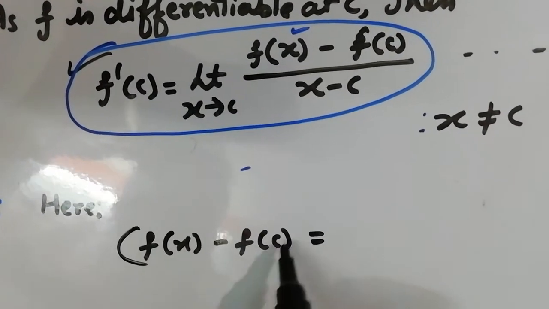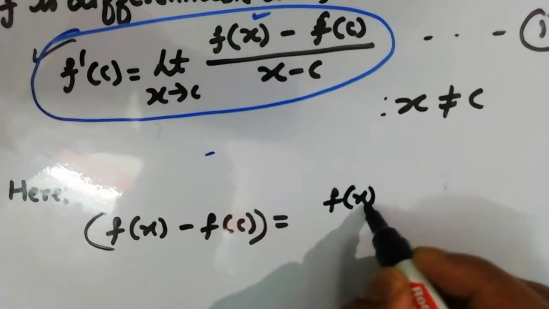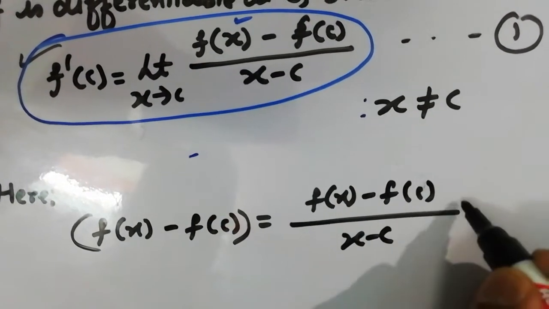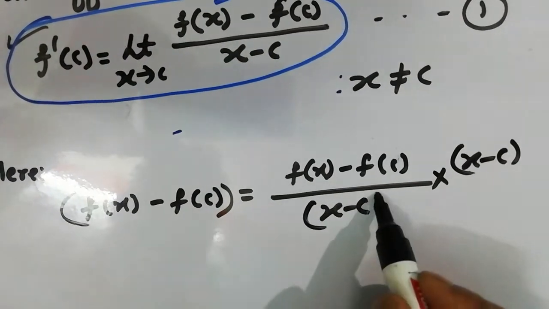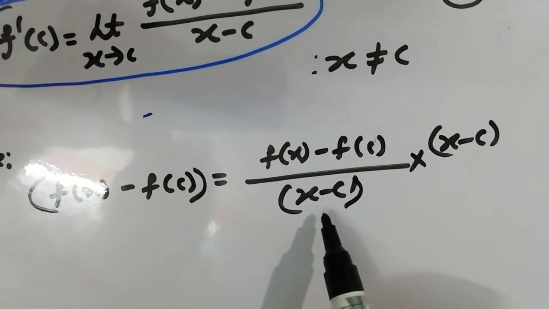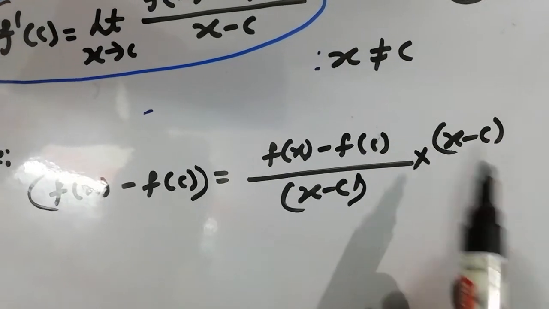We can write f of x minus f of c is equal to f of x minus f of c upon x minus c, into x minus c. See what we did here? I am multiplying and dividing by x minus c.